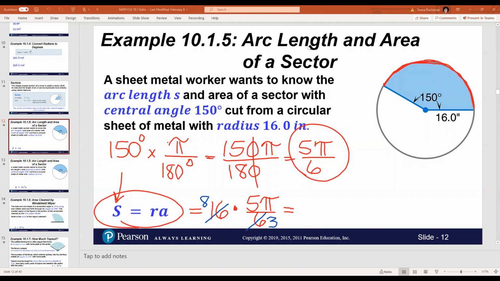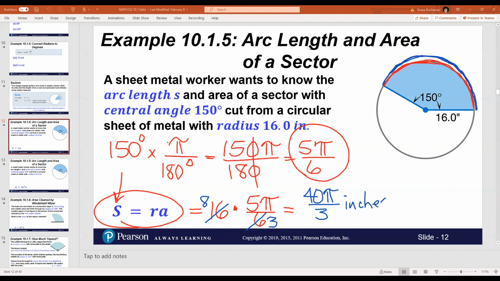Divide those both by 2. So I end up with 40 pi over 3. That is this distance, 40 pi over 3 inches.